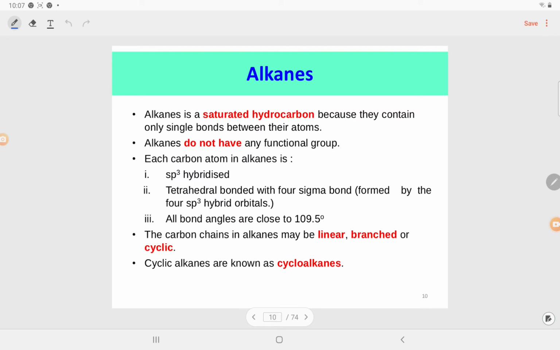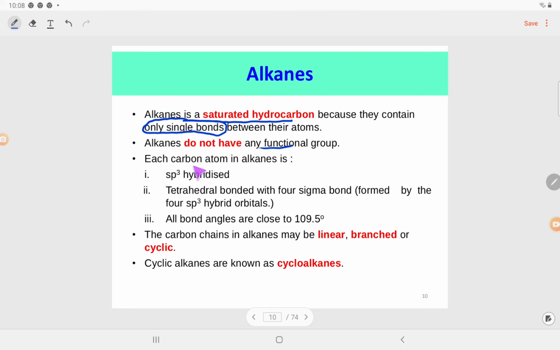Now, how about the term alkane? Alkanes must be saturated hydrocarbons. Why? They only consist of single bonds between them. Remember, alkane has no functional group.